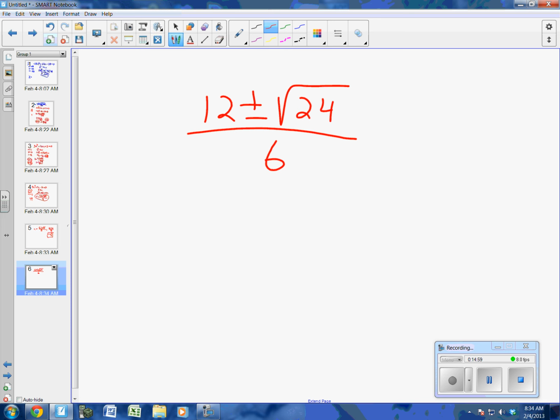Okay? You guys all ready? Let's say you end up with a discriminant of 24. Am I done? No. What could I do? I can simplify the 24. 24 simplifies, right? What are two numbers I can multiply together and get 24?